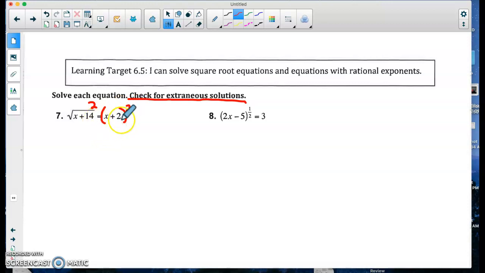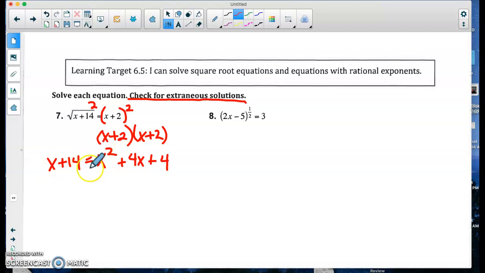Reminder, when it's written like this, that means there's really 2 of them, and then you are foiling them. So we're going to multiply the first, outside, inside, last. When we do that, we're left with x squared plus 4x plus 4. On this side, the square and square root are canceling, so I'm just left with x plus 14.